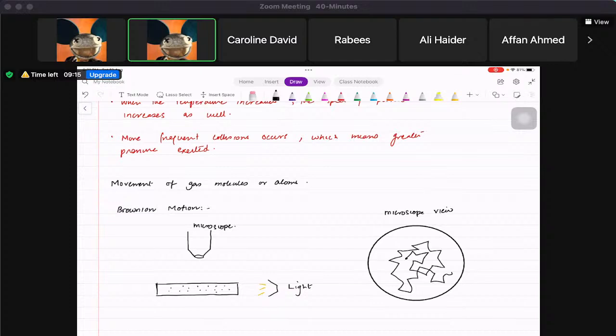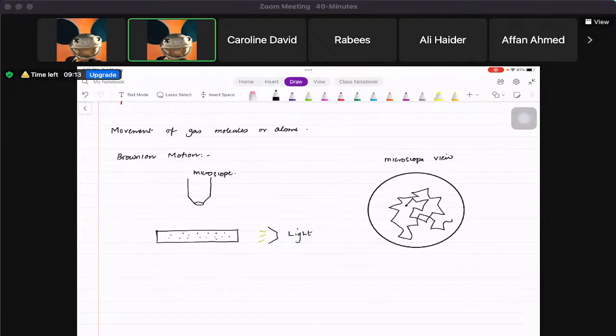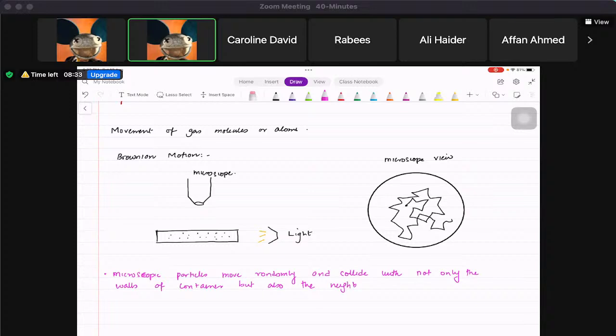So he realized that basically the microscopic particles move randomly and collide with not only the walls of the container but also the neighboring particles. Is it clear, everybody?